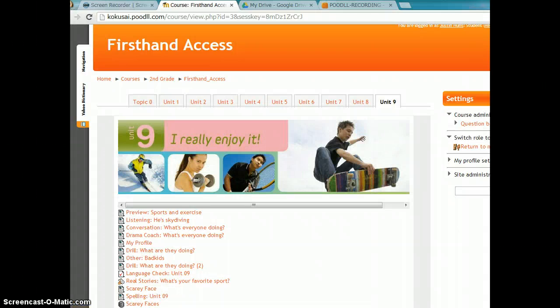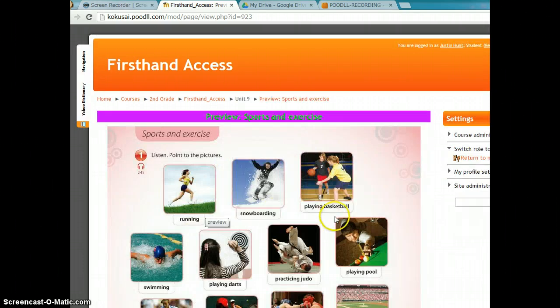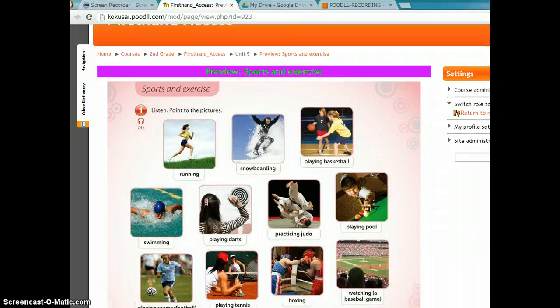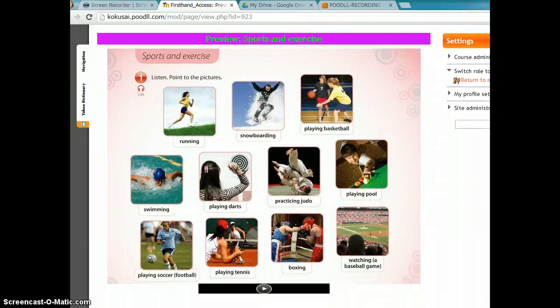Right, here's my course. I use a textbook called First Hand Access, and many of the activities are straight from that textbook. This, for example, is the preview page in that textbook, and you can see we have some pictures of activities, and I've put the audio from the textbook here in a little player at the bottom.